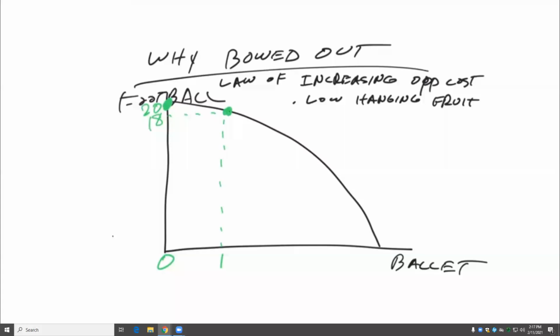Now, keep the low-hanging fruit principle in mind here. Who are we going to transfer over from football into ballet? We're going to transfer the low-hanging fruit: those who are most productive in producing ballet and least productive in producing football.